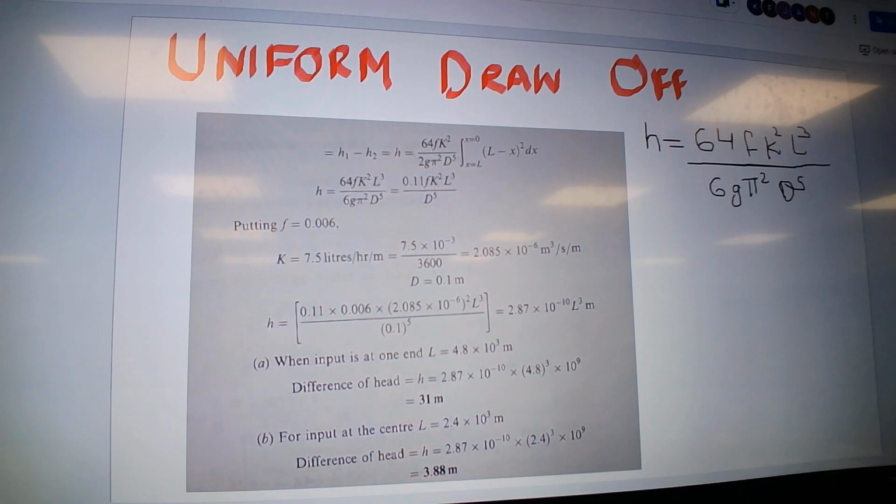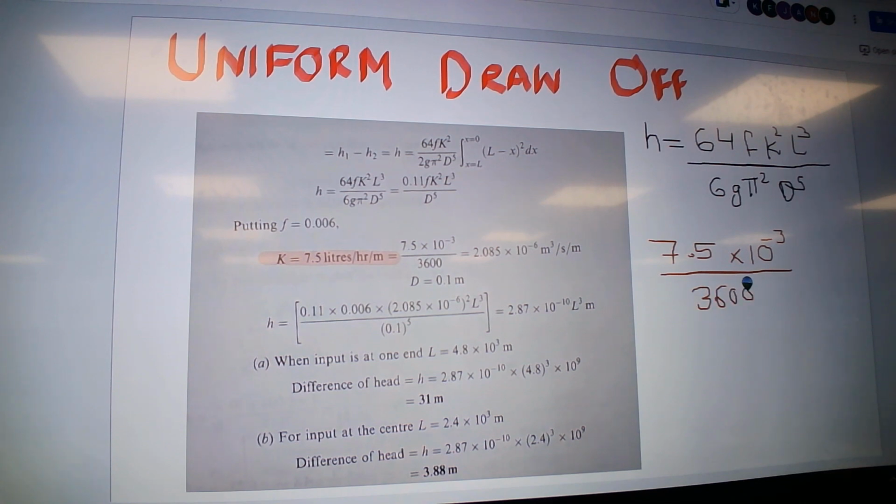In the question, it says 7.5 liters per hour per meter. So first we need to convert the liters into meter cube, so 7.5 liters becomes times 10 to the minus 3 meter cube. Now it's per hour, so we divide by an hour, converting that into seconds.